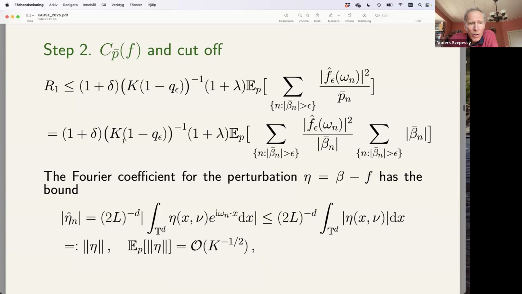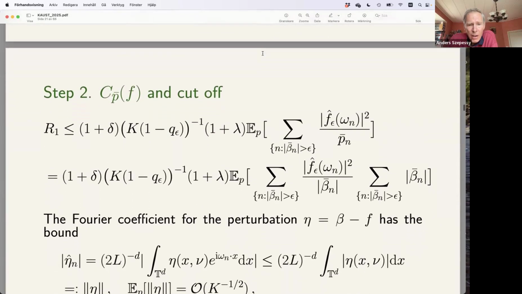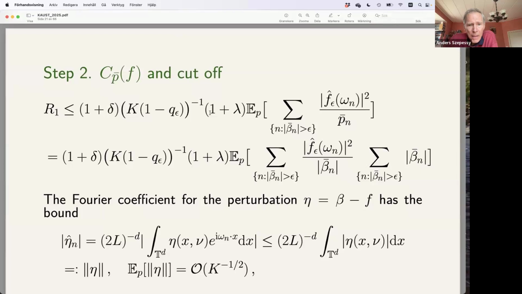So for the first term, that is with the large amplitudes here, and we are sampling with here is the resampling density. So then we know that the error will be the number of nodes, which is now k times 1 minus q, 1 over that, plus 1 plus lambda, and times the density, the estimate of the CP, and it is the Fourier transform square divided by the density.